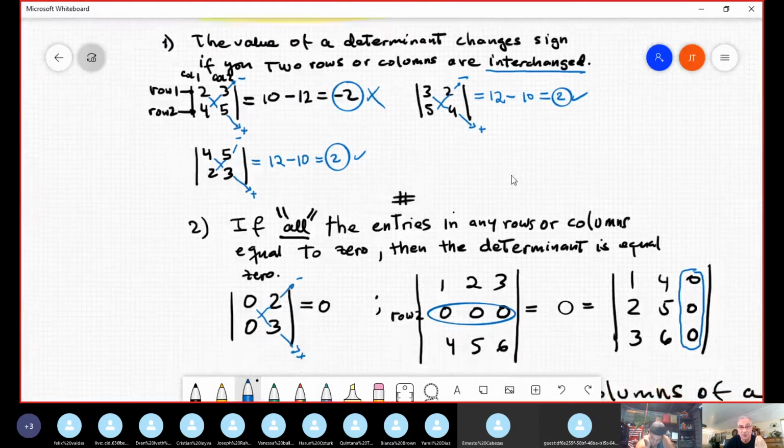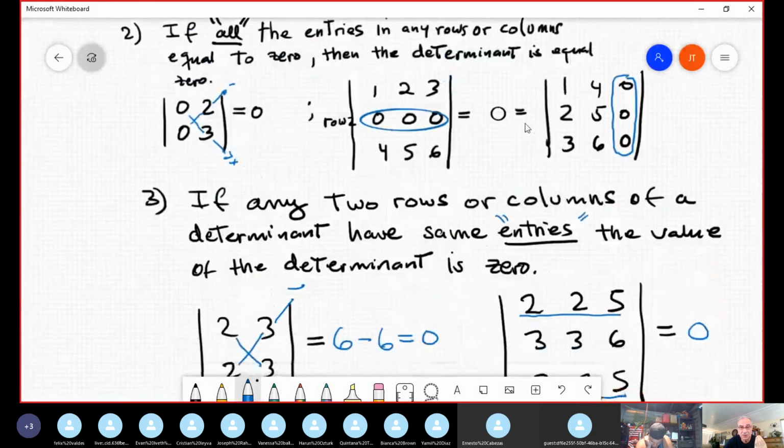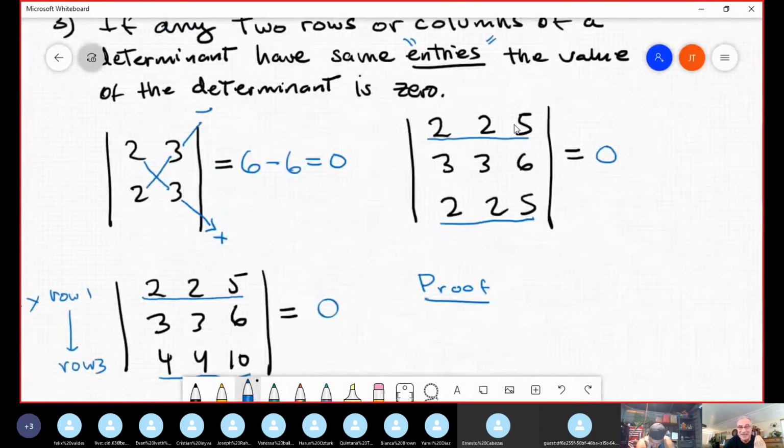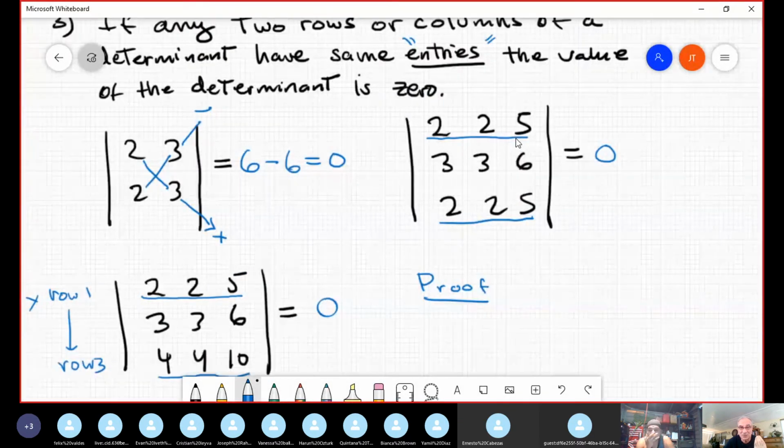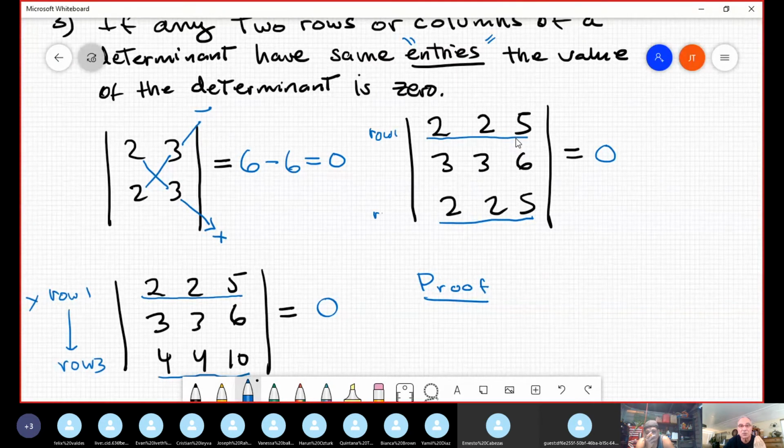Let me try to understand this using this idea. Suppose it's exactly the same. This example, 2, 2, 5, row 1. And row 3 is exactly the same, 2, 2, 5. If you apply property number 1, you interchange this and this.